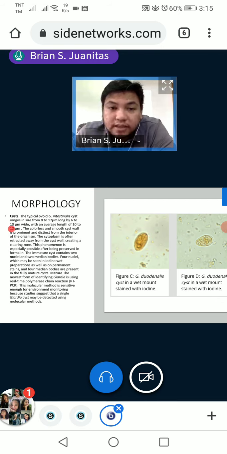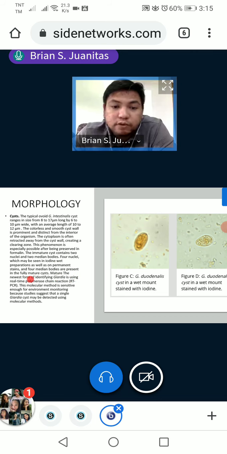Sa gilid siya. Okay, the cyst is ovoid. The size is 8 to 17 long by 6 to 10 micrometer wide. Colorless and smooth cyst wall is prominent and distinct from the interior of the organism. Meron siyang 4 nuclei which is best seen in iodine wet preparation. Ito siya, wet iodine ito.